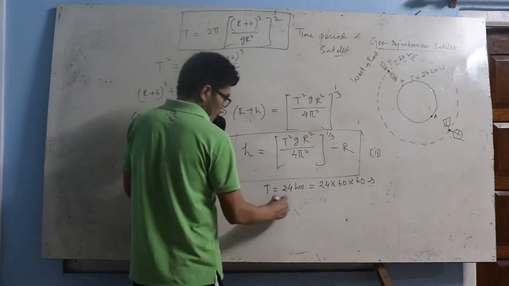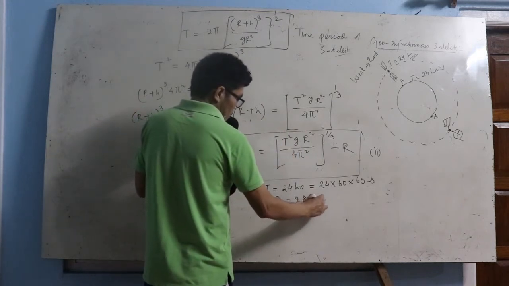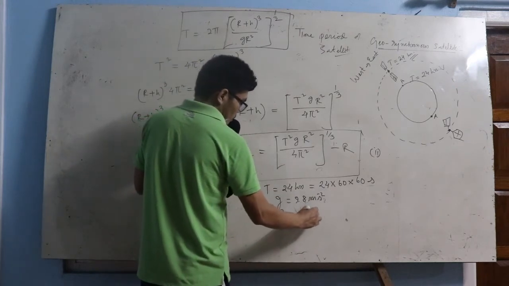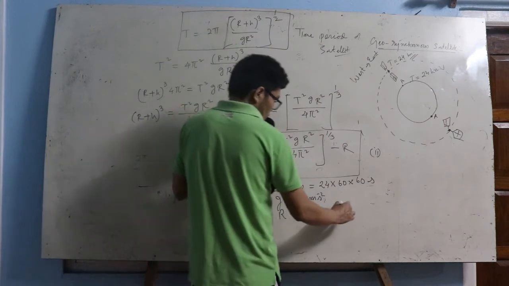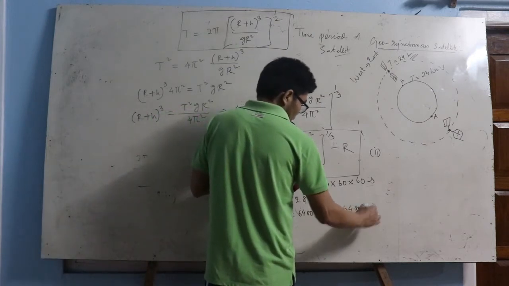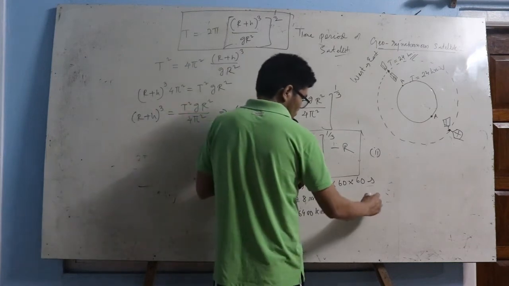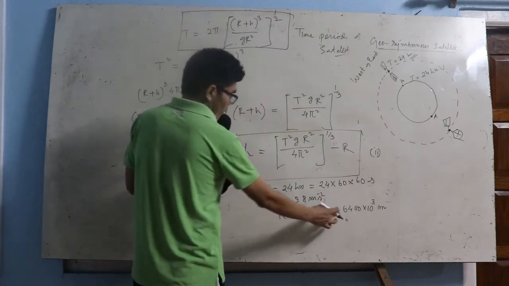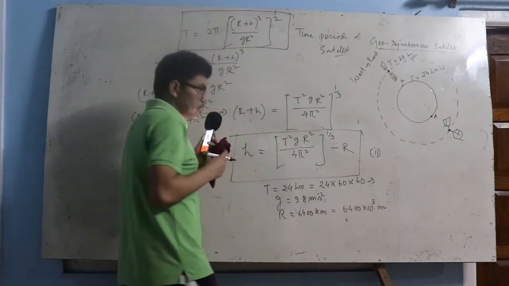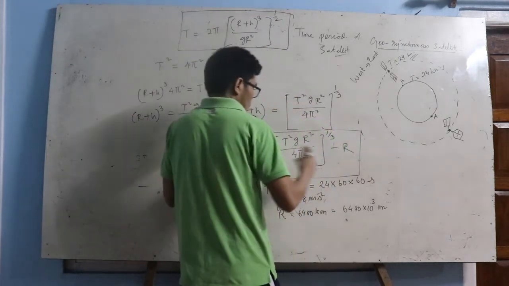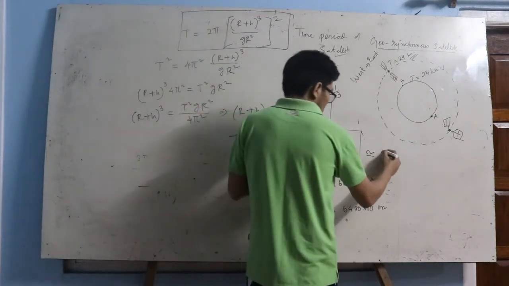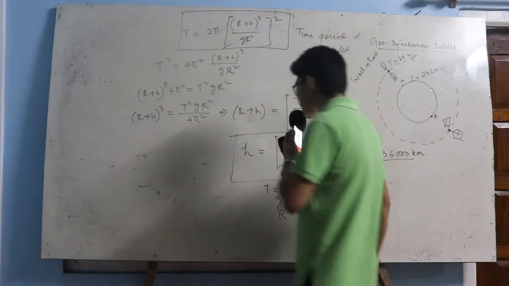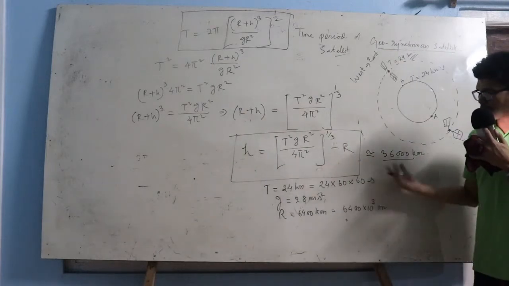And putting the value of g as 9.8 meter per second square. Radius of the Earth is 6400 kilometer, which is equal to 6400 into 10 power 3 meter. When you put all these values here and factorize it, you will get an approximate value of about 36000 kilometer here.